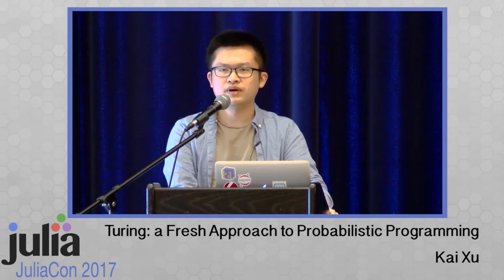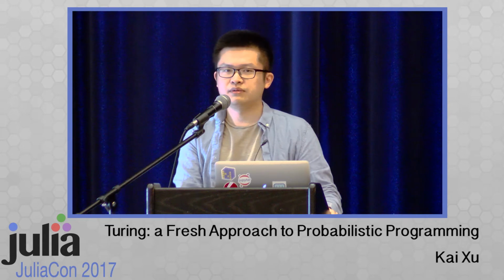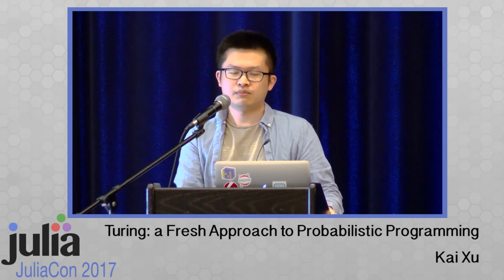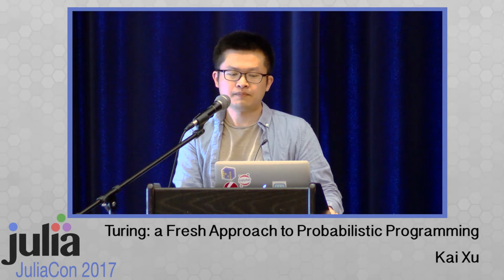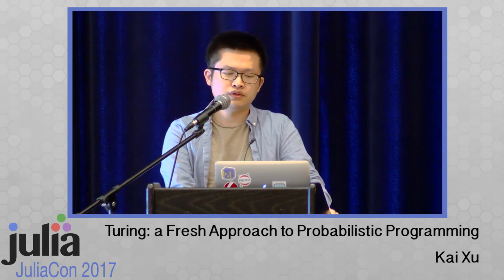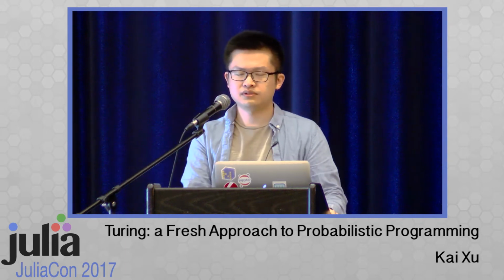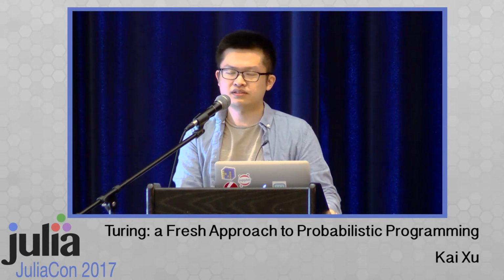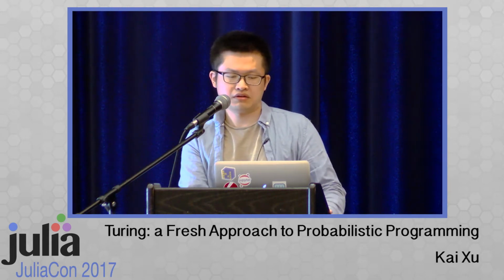Metaprogramming is another reason. Turing is indeed embedded in Julia, but it still has some of its own sampling syntax, the tilde notation. It is enabled by metaprogramming. We also use the coroutine in Julia to implement particle Gibbs, which is one of the main samplers in Turing. I will go into this a bit later.